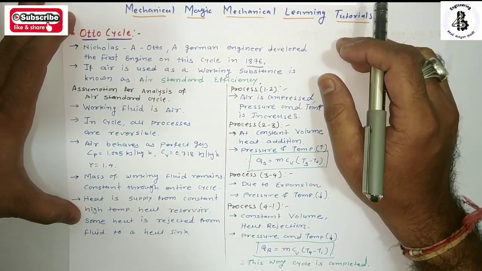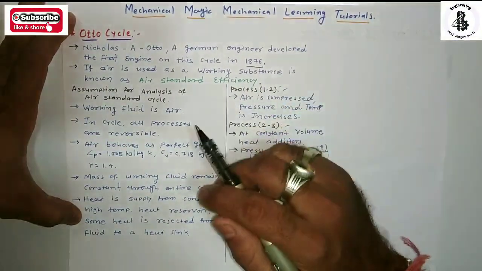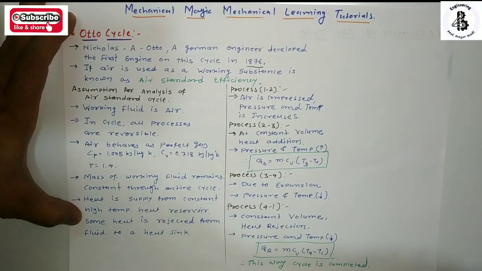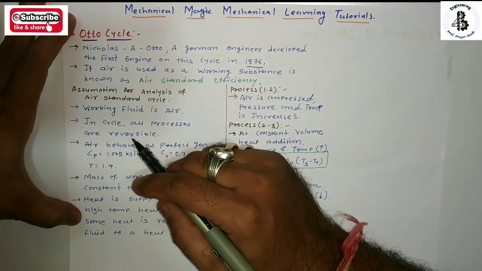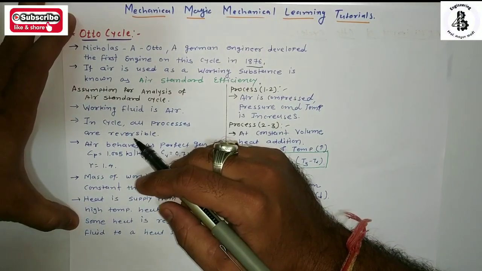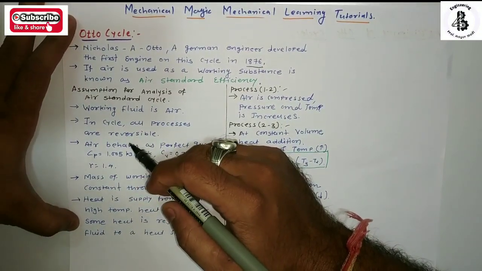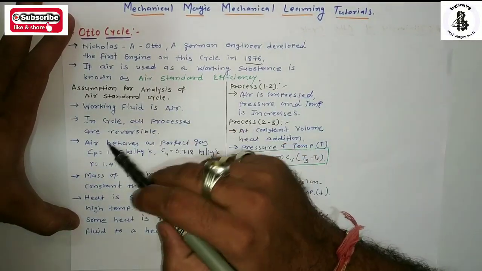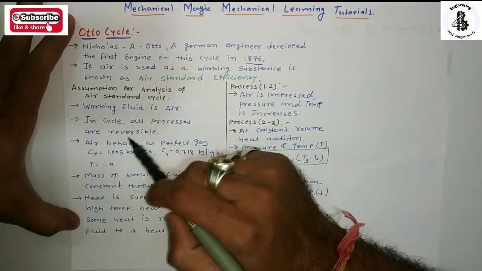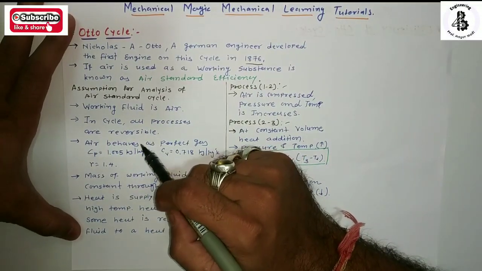So in the case of the Otto cycle, for the analysis of air standard cycle efficiency, some of the assumptions are as follows. The working fluid is air. In the cycle, all the processes are reversible.